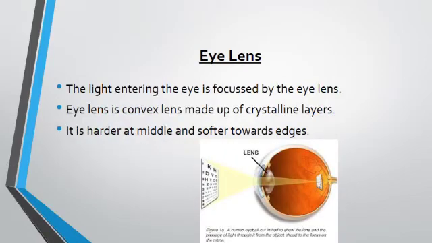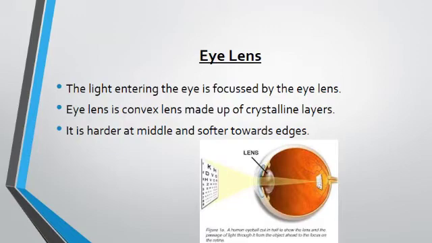Next part is the eye lens. This eye lens is a very important part. Why? Because when light enters the eye, it is focused by the eye lens, and the eye lens is convex in nature, meaning it is a convex lens, and it is made up of transparent crystalline layers.